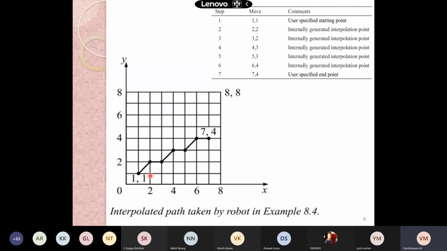To determine the joint interpolated path, the controller would determine a set of intermediate addressable points along the path between 1 1 and 7 4, which was given here. And this is the interpolation.